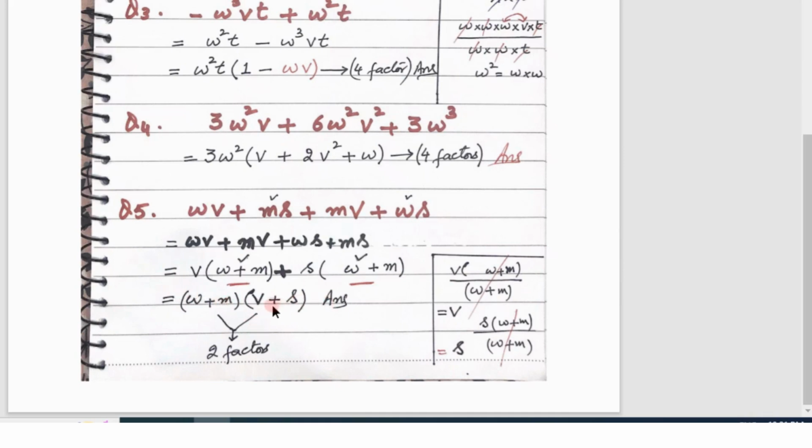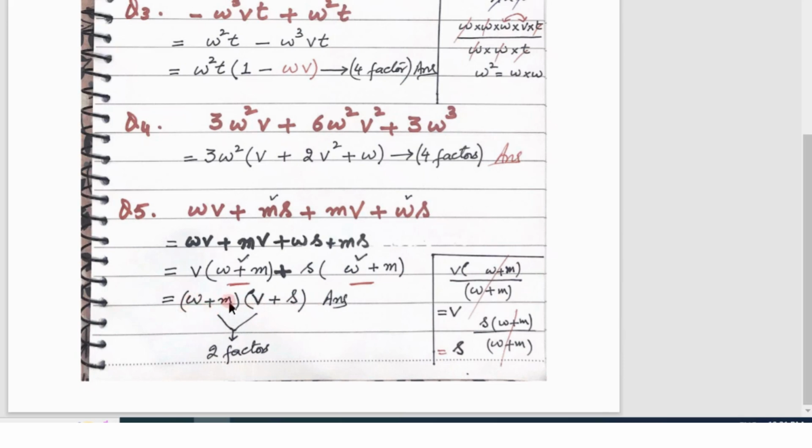This answer consists of two factors, which are the first factor W plus M and the second factor V plus S. So when the terms are written in the form of brackets and these brackets are consecutive brackets without any sign between two consecutive brackets, then we say the terms are written in the form of factors.